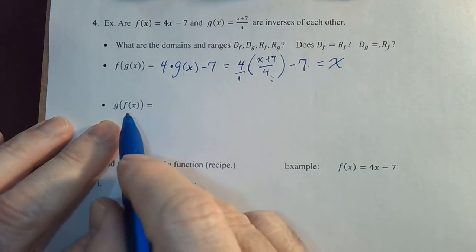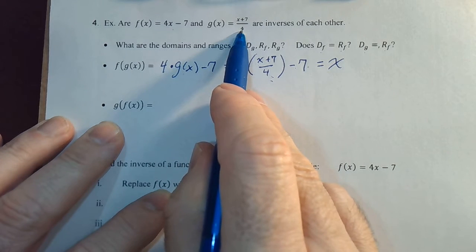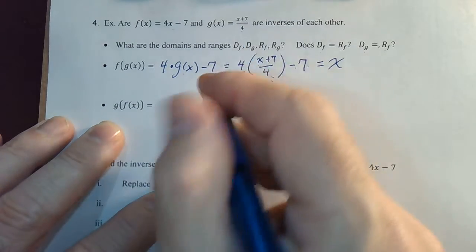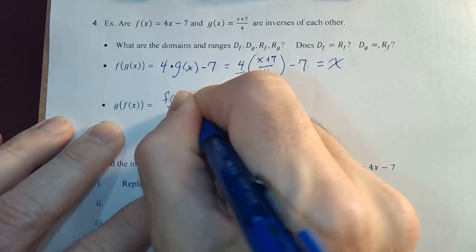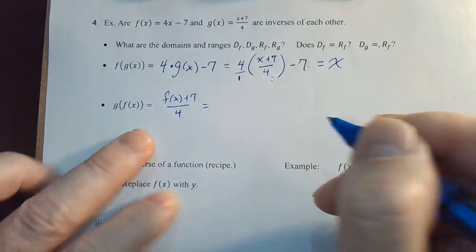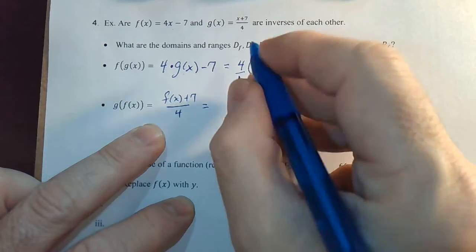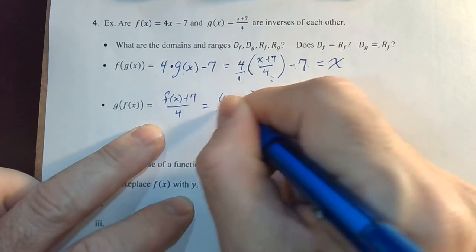Okay, so here we're going to plug f of x into the function g. Here's the function g. I'm going to replace x with f of x. f of x plus 7 over 4. But now let's substitute, because we know f of x is 4x minus 7, plus 7, over 4.